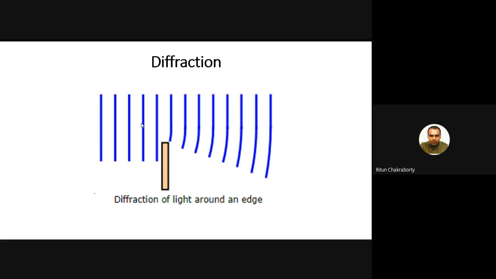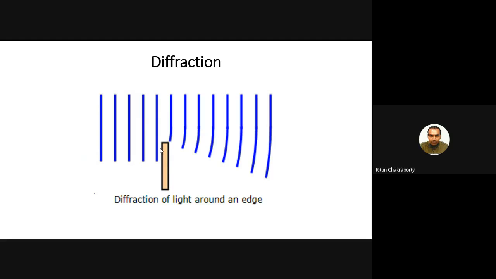What is going on now? Now it encounters this particular obstacle or edge. Obstacle means it stands in the path of light. And as we have already learned, this obstacle should be opaque in nature. Opaque means light does not pass through it. It blocks light.